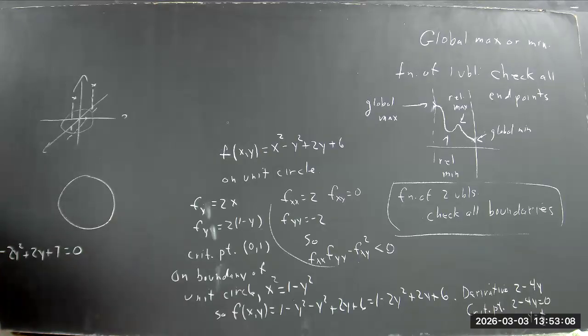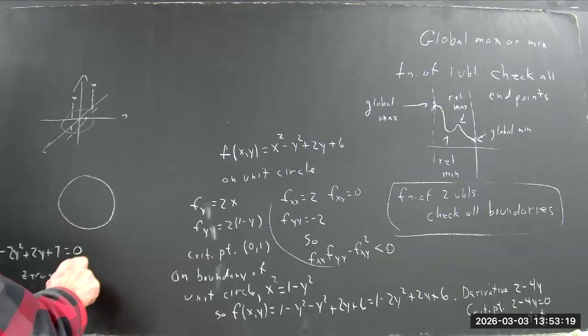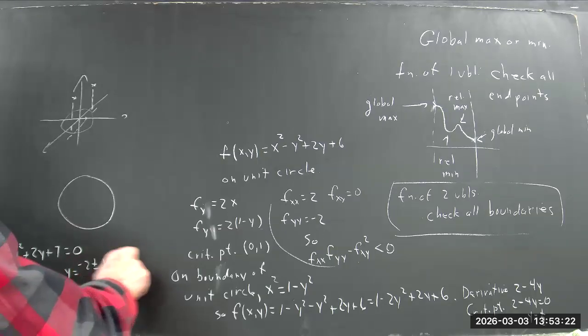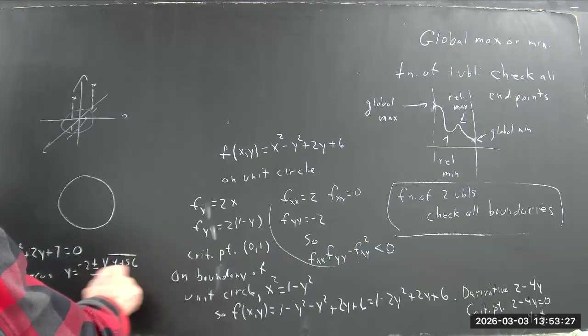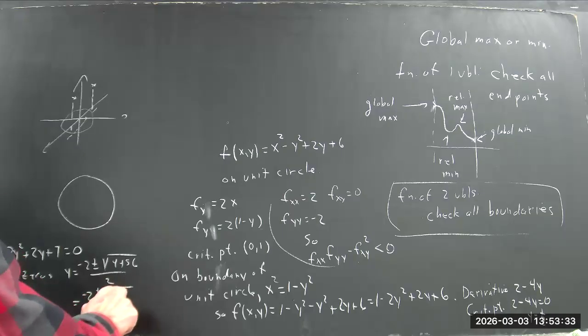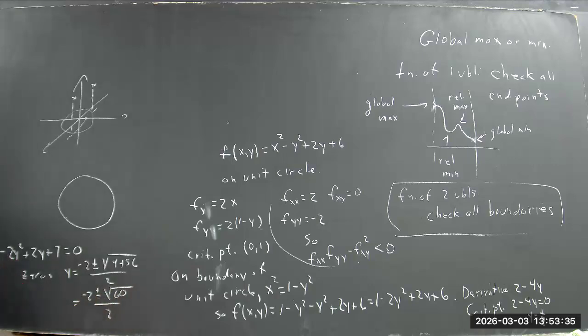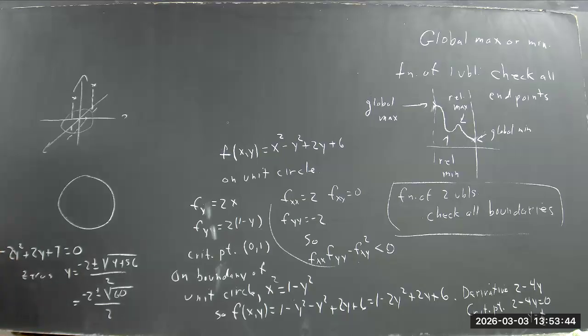So this thing's going to have 2 branches. This means this number is much bigger than 1, or much less than negative 1.